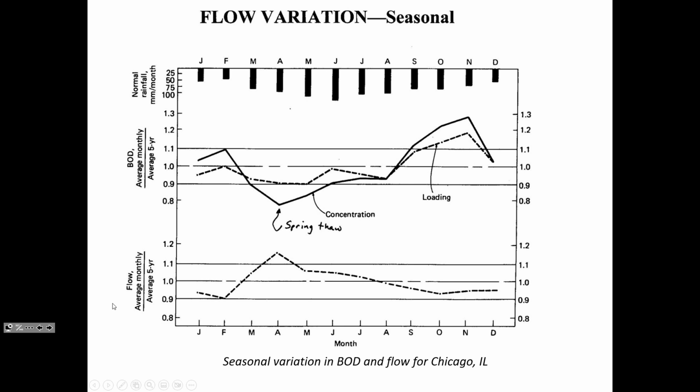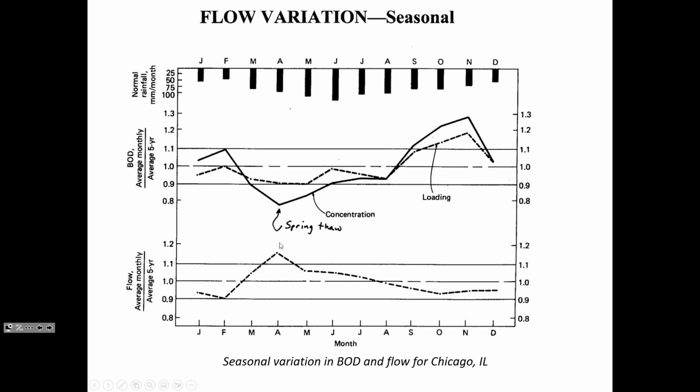The monthly flow compared to the average flow over a 5-year basis. And so in Chicago, for example, you can see that there's a lot more flow in the spring when they have runoff of snowmelt. So when you've got a spring thaw, that also reduces the BOD compared to the average BOD.